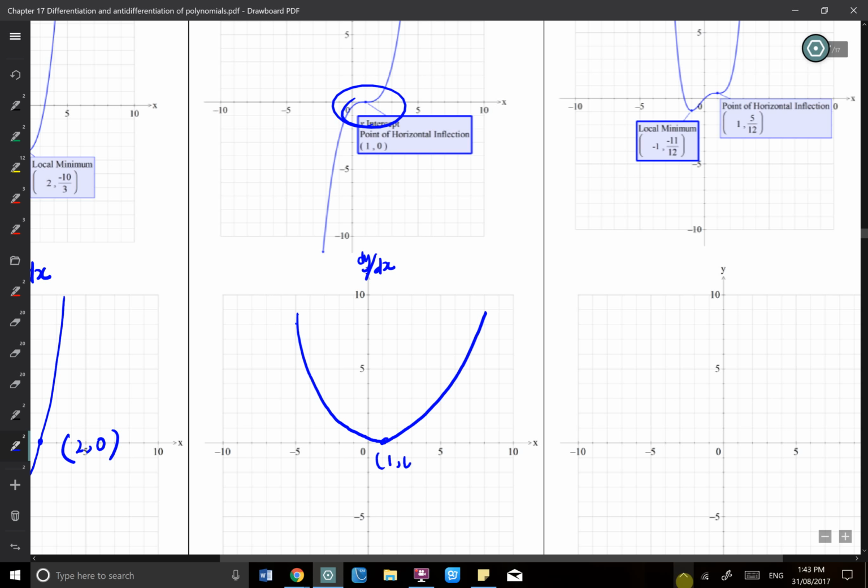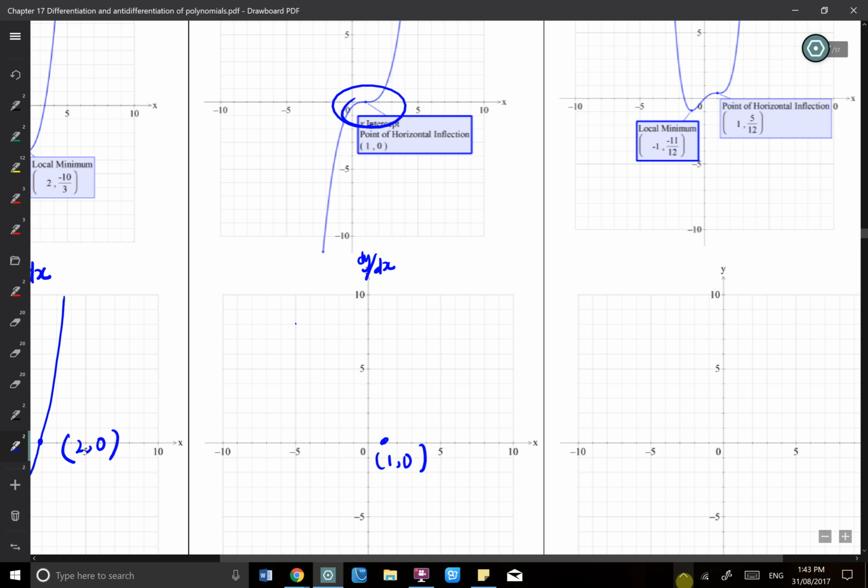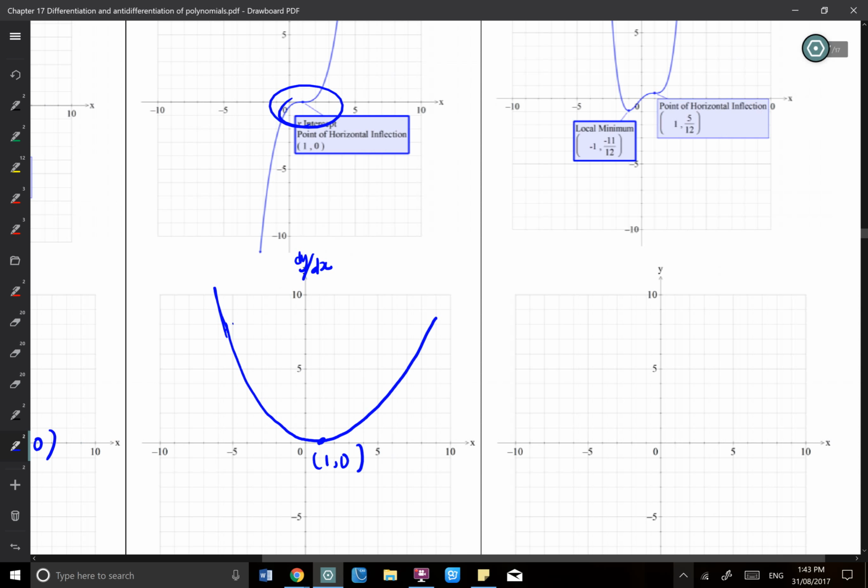That's the turning point, (1, 0), and it's all above the x-axis. Why does my quadratic look so bad? You need to sketch it looking symmetrical, but mine is not really. But I don't care. Just looks like that.